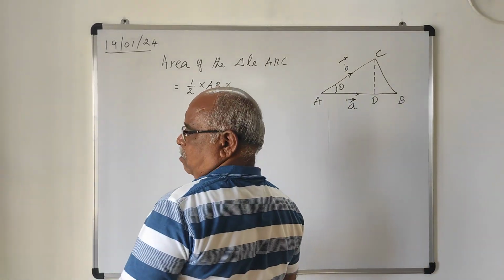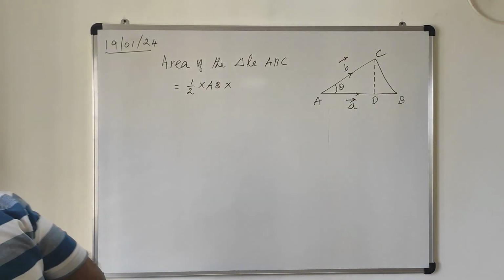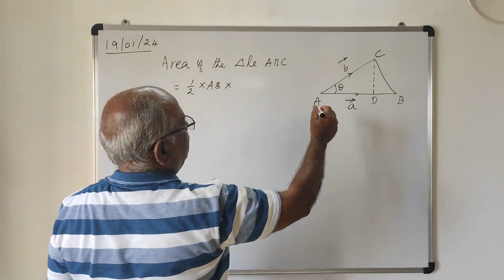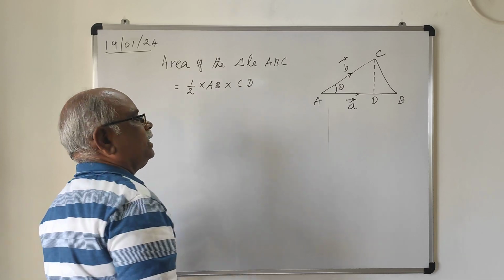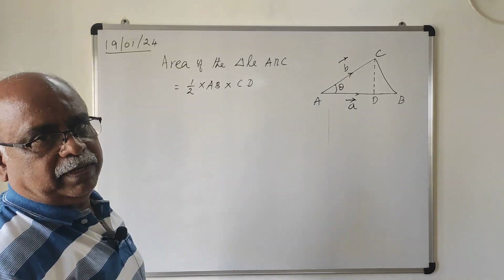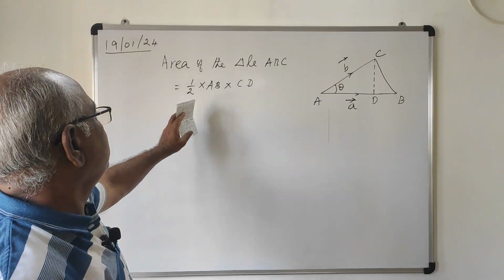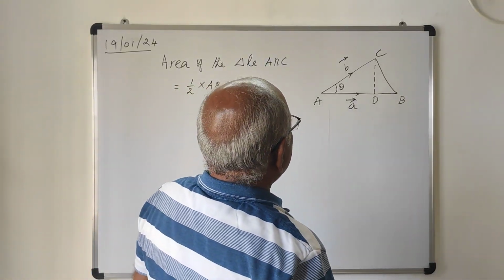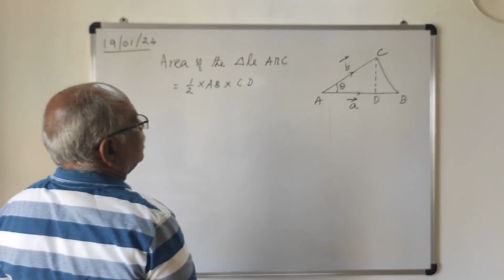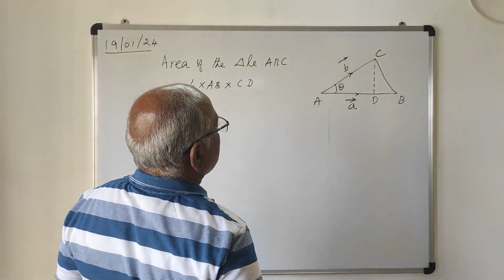Area of the triangle is half base into height, half into AB into CD. This is the formula for finding the area of the triangle by the geometric method. Theta is the angle between the vectors A and B.